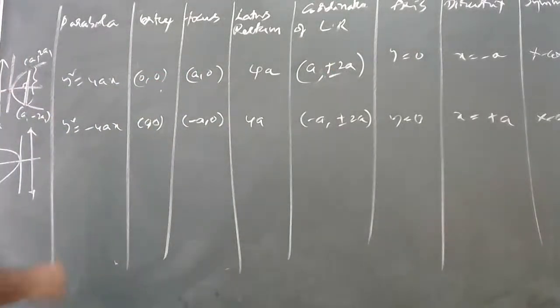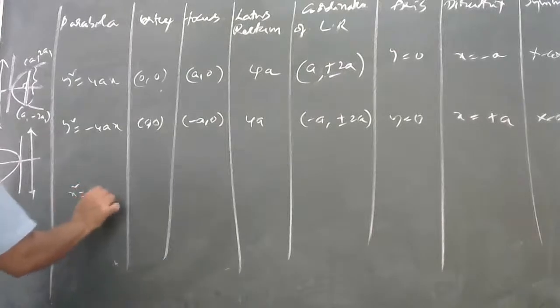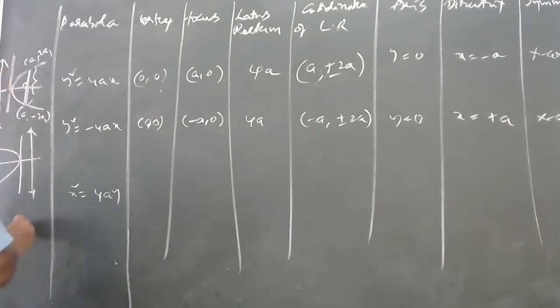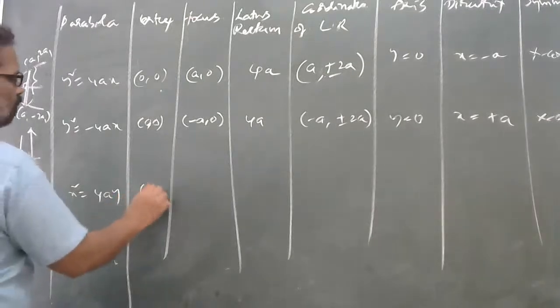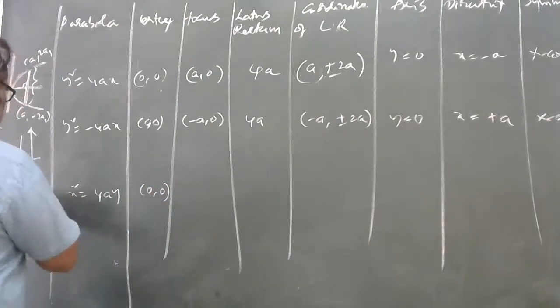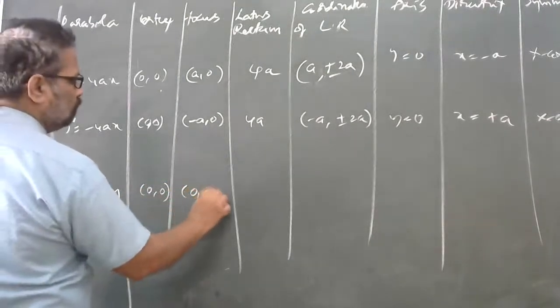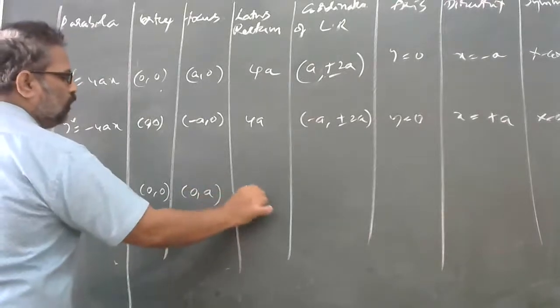Next, third one: x square equals 4ay, the upward parabola. This table is not given individually in the book, but it is useful for your practice problems. Vertex is 0, 0. Focus will be (0, a). Latus rectum is 4a, no difference.